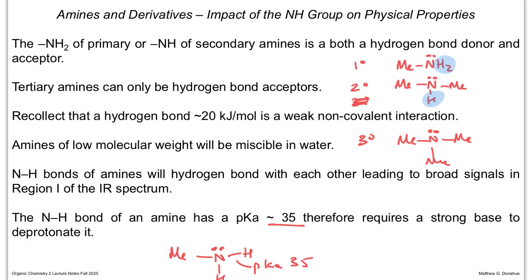If we compare that to, say, methanol, the OH group has a pKa of about 16. This amine is 35. So that's not a very strong acid.